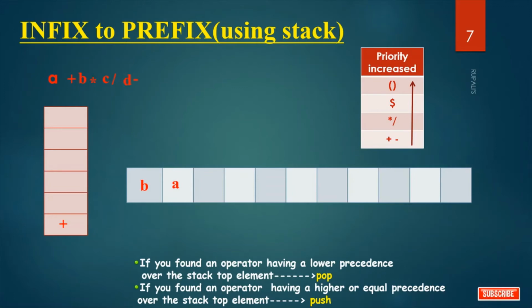So if minus comes, minus has equal priority. If it is equal priority, then push. So push minus here. Then D comes. D is an operand. So write D here. Then multiply comes. Multiply has higher priority than minus. So you have to push.